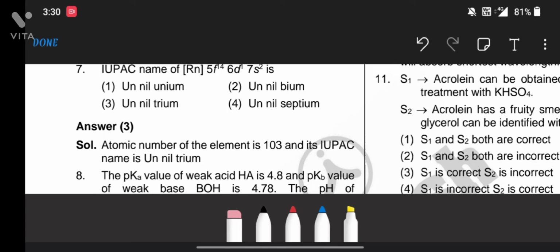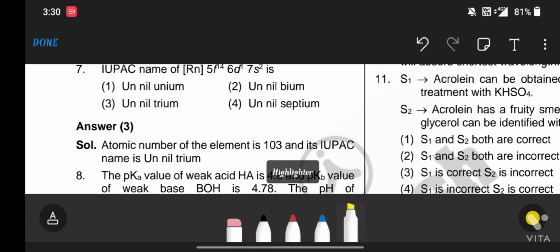The atomic number of the element is 103, and its IUPAC name is unniltrium. So the first option, unnilunium, is not correct. Unnilbium is also not correct. Unniltrium is the correct option.